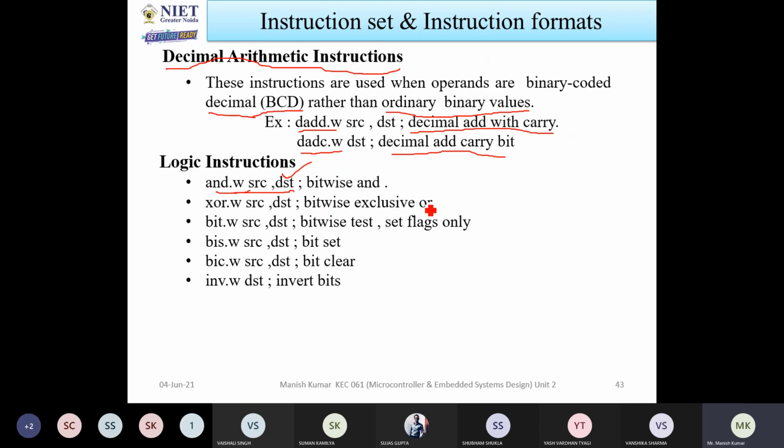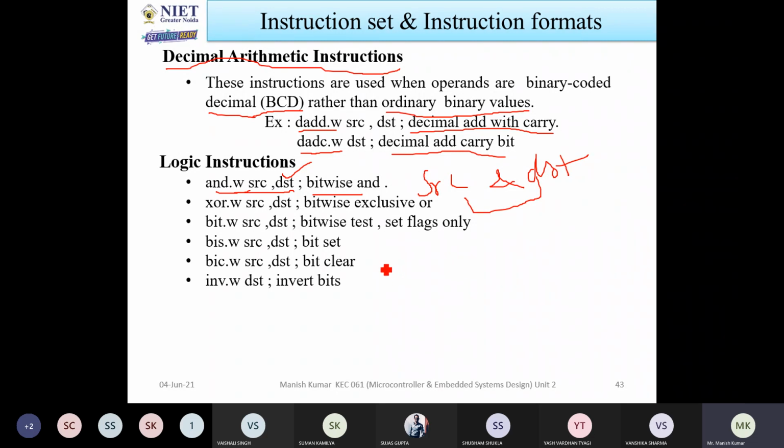It means that the value of the source register and the value of the destination register, both will undergo AND operation bitwise. It is written bitwise. It means that when you are doing AND operation, you can do it bitwise only.